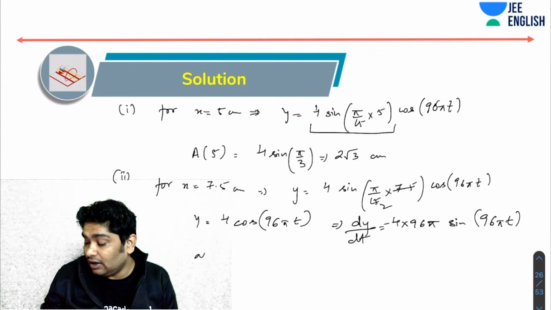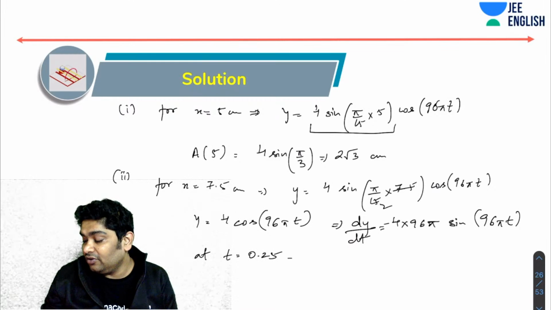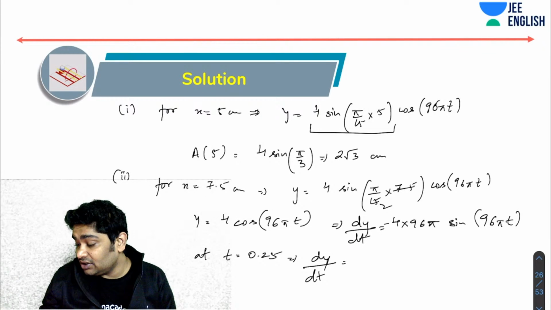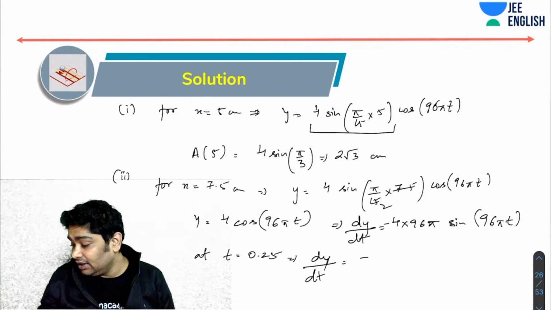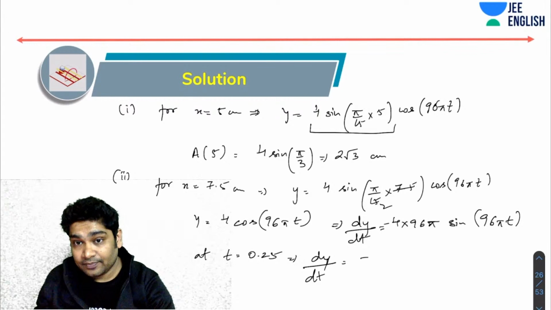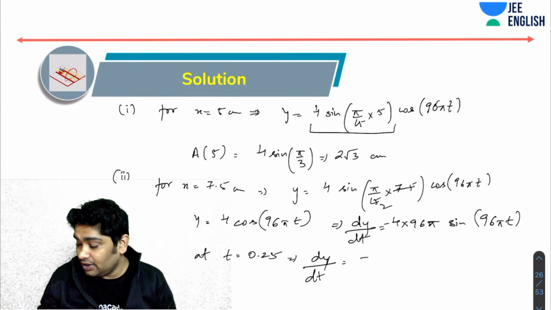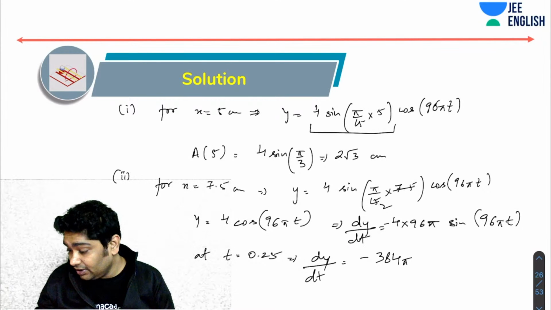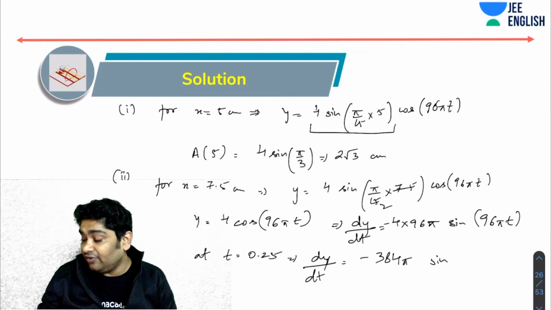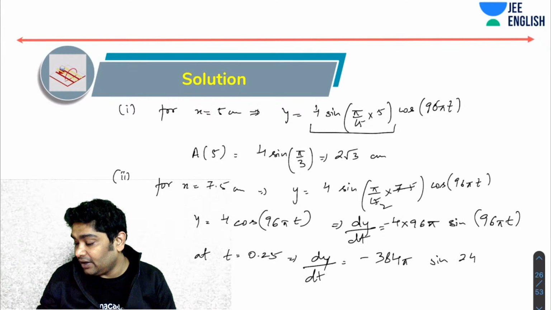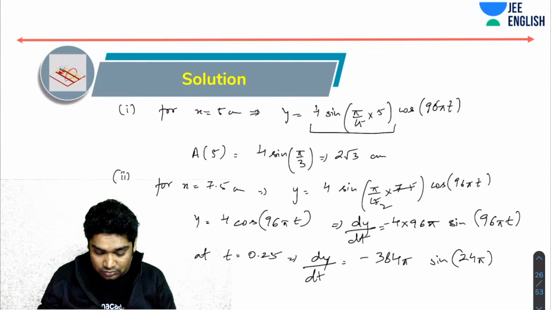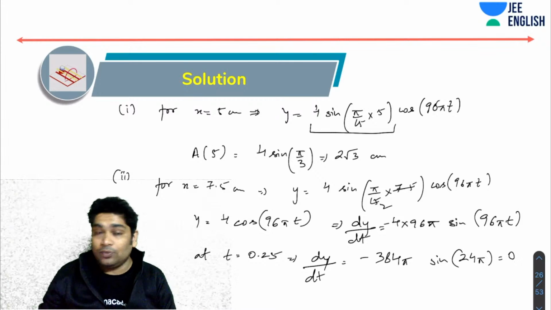Now at t equals 0.25, dy by dt, which is the particle velocity, is minus 4 into 96 pi into sine of 1 by 4 of this, so that'll be 24 pi. Okay, so that will be 0.